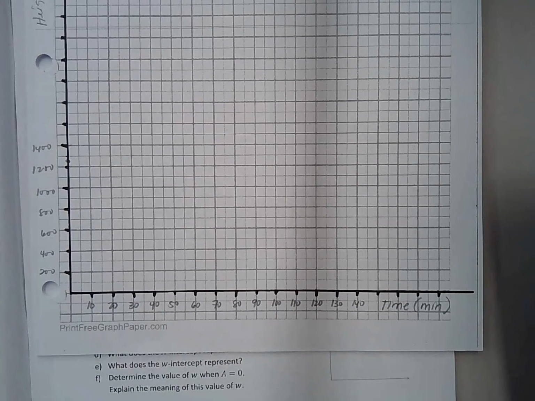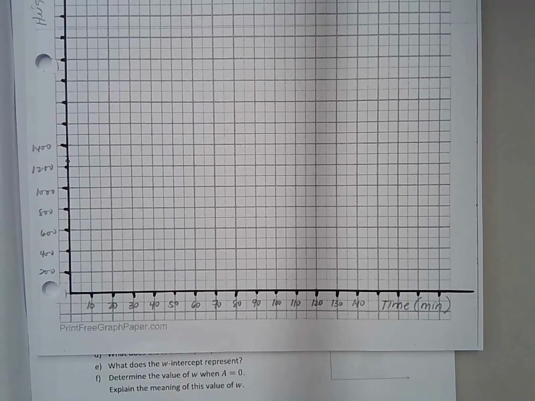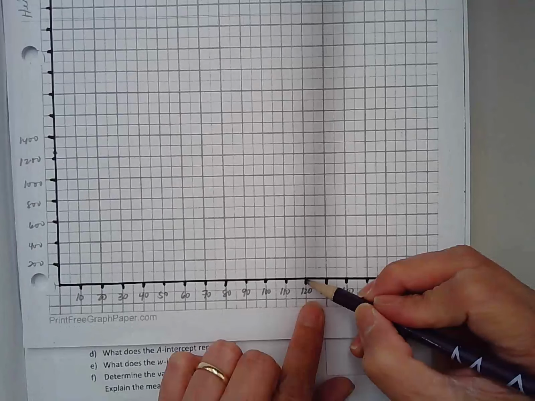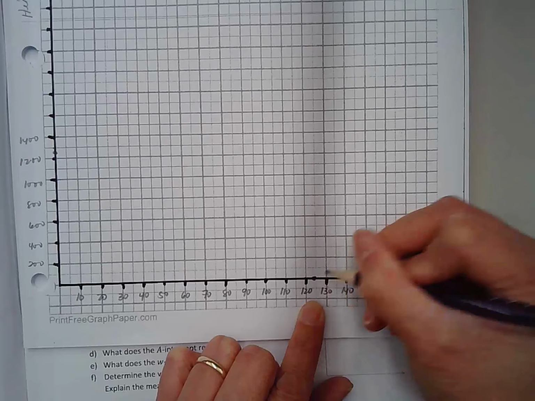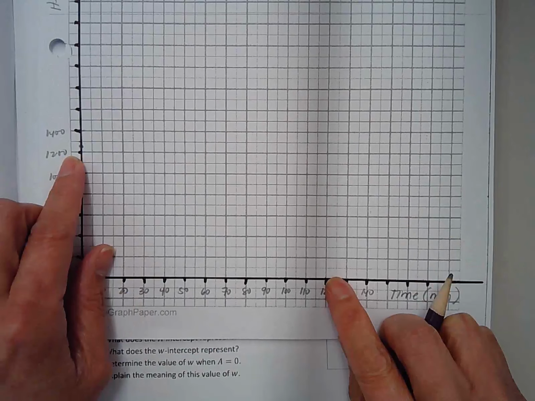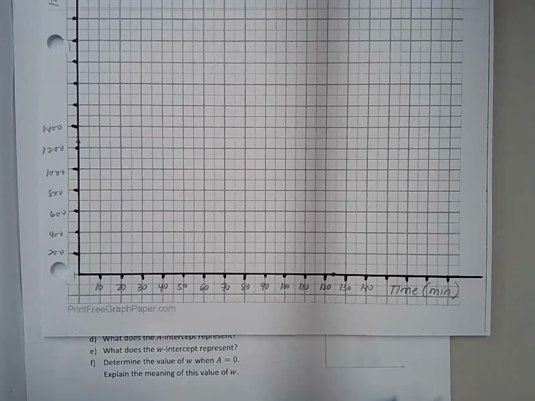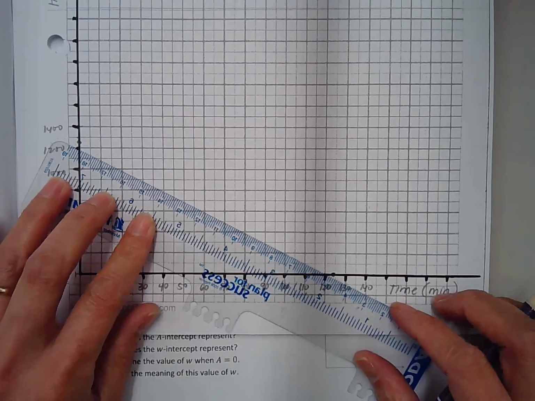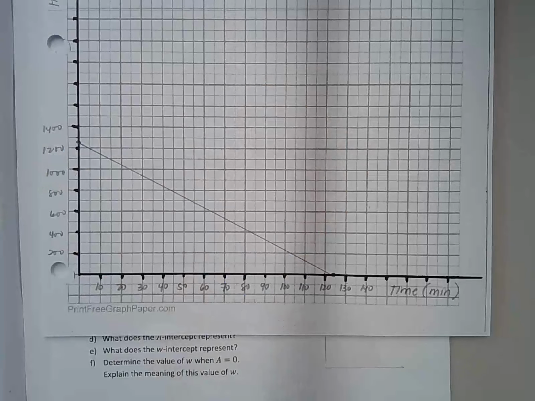So that is 123.6. So between 120 and 125, it would be right there. So we have our points in here. Those are our points.